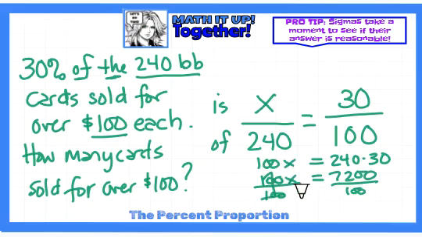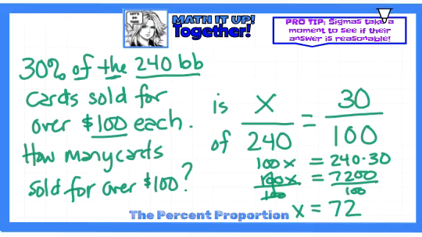This turns into a big 1. X is going to be equal to 72. So 30% of the 240 baseball cards sold for $100 each. That means that 72 cards sold for $100 each. So that's the sentence that answers this word problem.